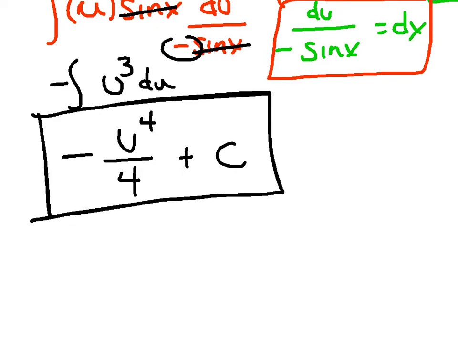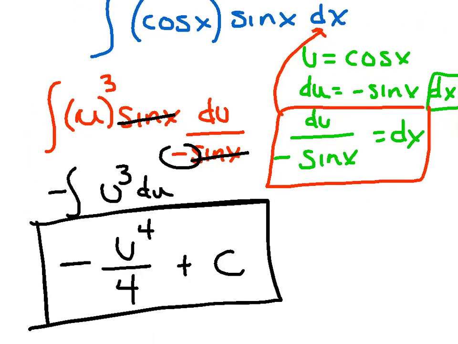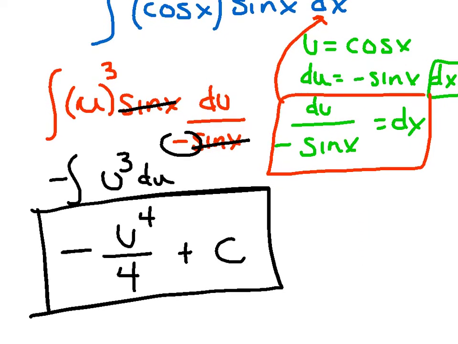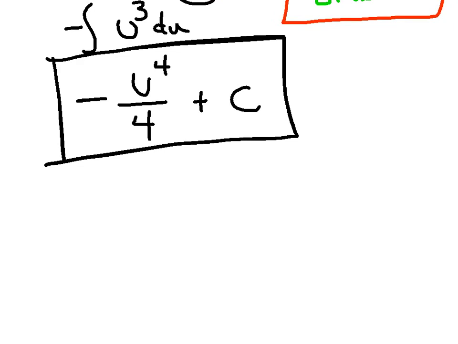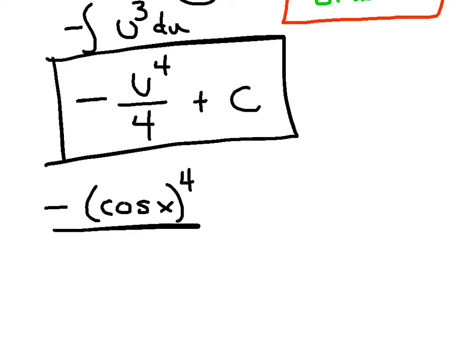I'm done there. Now at this point I just want to make sure I can match my answer to the multiple choice answers, and if I don't see anything in terms of a u, that's simply because they plugged whatever I called u back in. So if I scroll back and kind of look, I believe we said u is cos x. So I'm just going to replace my u with cos x. So if I don't see this choice here, I'm going to go ahead and rewrite it as negative cos x to the fourth over 4 plus c.